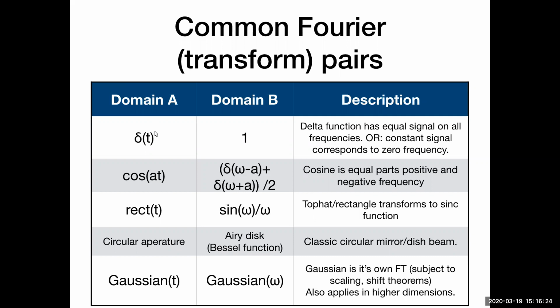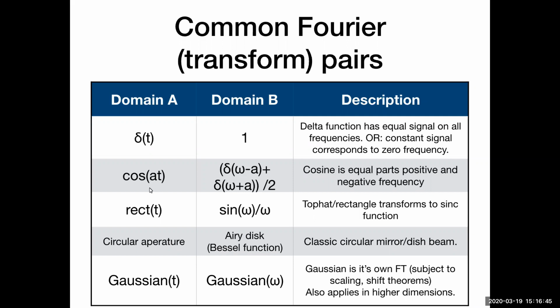The easy way to remember this is that if you have a signal that's perfectly flat, it has no oscillation, it has no frequency, it's just associated with the zero frequency. All your power goes into your zero frequency component, which is at the origin in your Fourier transform.